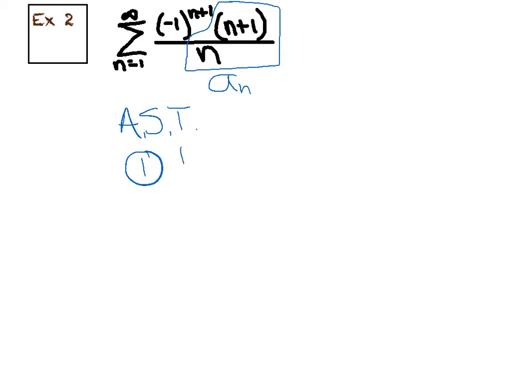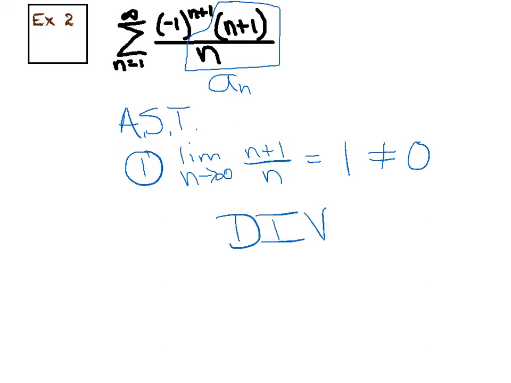The first one is, we take the limit as n approaches infinity of n plus 1 over n. According to the power fight, we have same over same. Comparing the coefficients, we end up with a 1. Now, that is not equal to 0. So instantly, I do not have to waste my time going on to condition number 2.